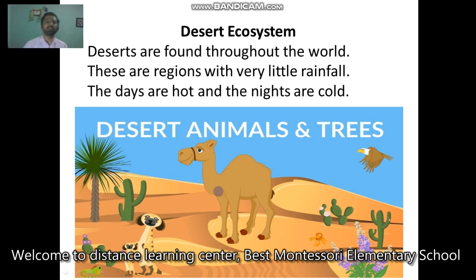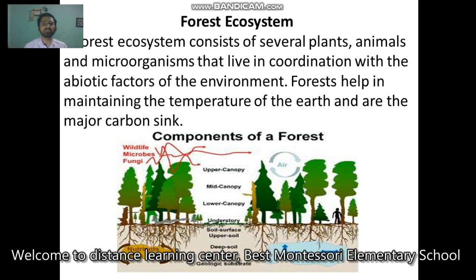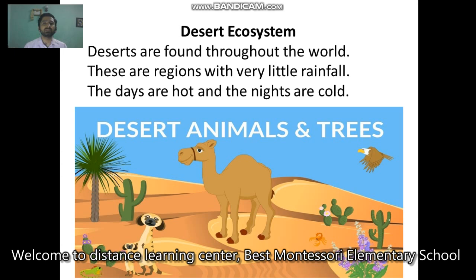That means the relationship between the living components and non-living components that are present in the desert is desert ecosystem. Now these were all 4 subtypes of land ecosystem or terrestrial ecosystem. Let me remind again: desert ecosystem, tundra ecosystem, grassland ecosystem and forest ecosystem. This is all about terrestrial ecosystem, land ecosystem.